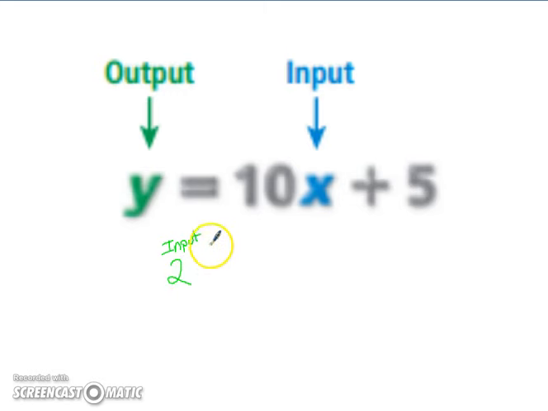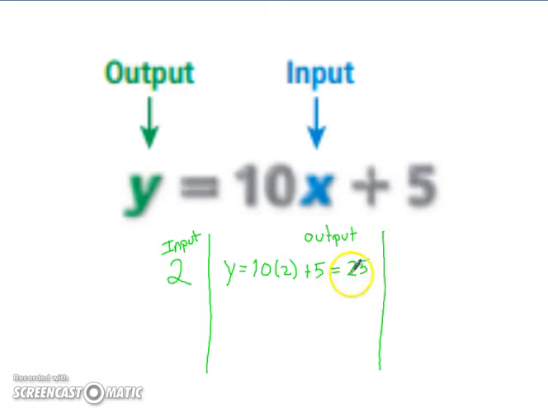Well, if you input 2, then that means y is going to equal 10 times 2 plus 5. Well, 10 times 2 is 20, plus 5 is 25. So your output is 25.